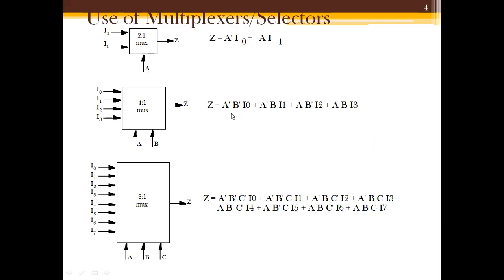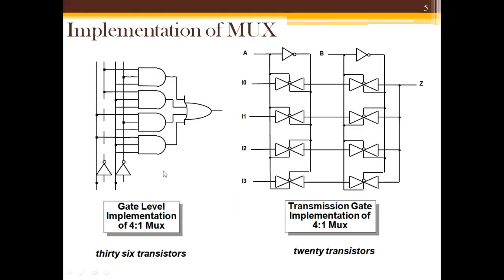Okay, so these are the different implementations of a 2:1 multiplexer, 4:1 multiplexer, 8:1, and so on. So this is the gate level implementation. If we talk about the CMOS, CMOS is always inverted logic, so I need to have inversion at each stage. 2 input NAND gates are going to require 4 transistors, 2 PMOS, 2 NMOS.